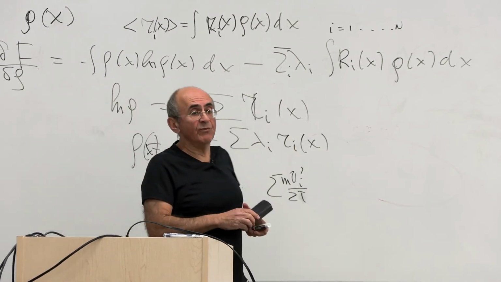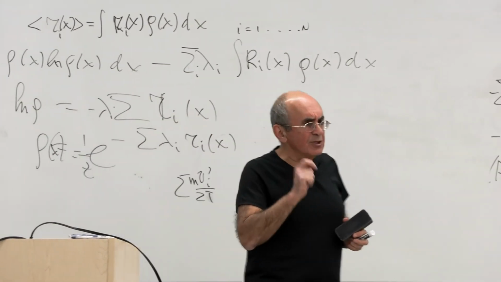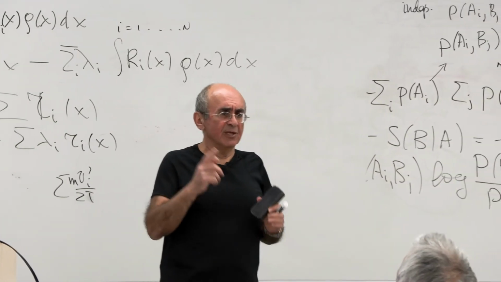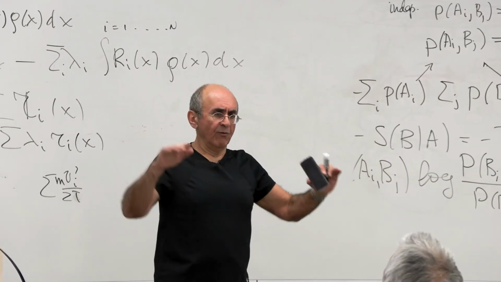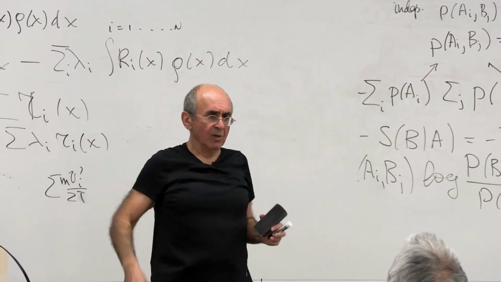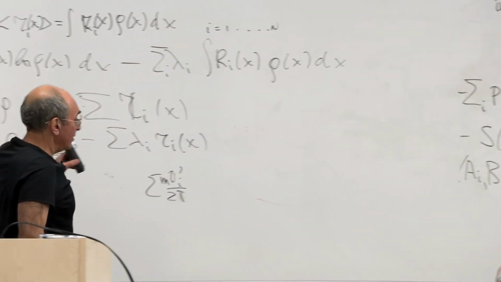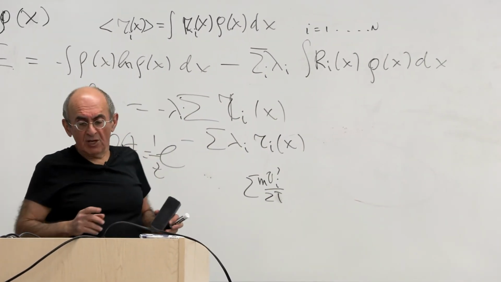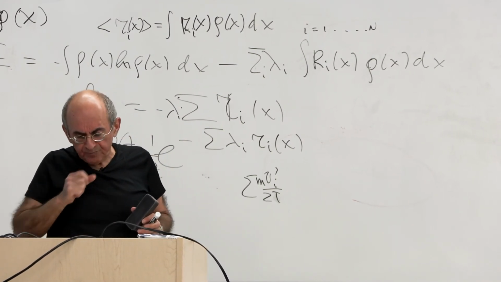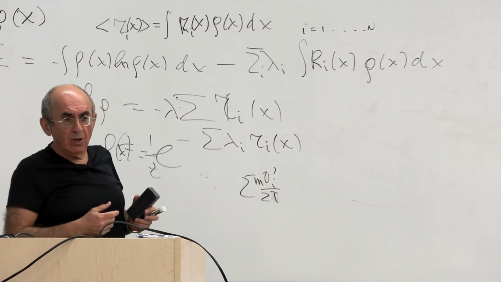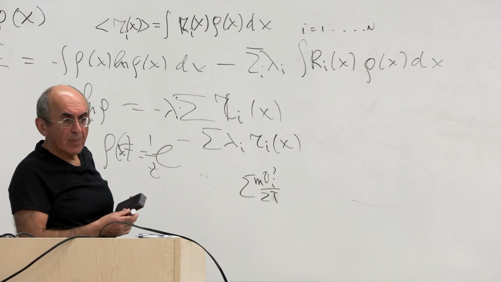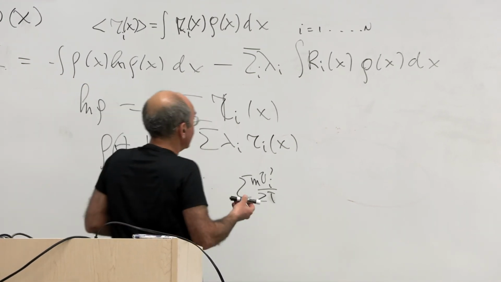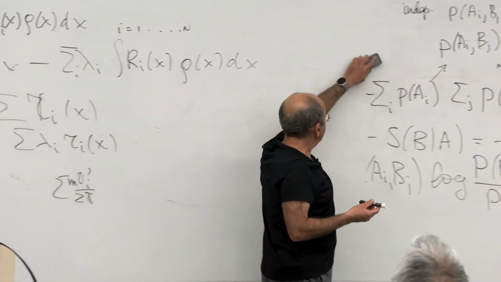You can actually prove that this is the maximum. There are some degenerate cases where there are two maxima of the same height, and then you make a sum. But this is a very general framework which tells you how to get the distribution. And now what happens when you do an extra measurement?